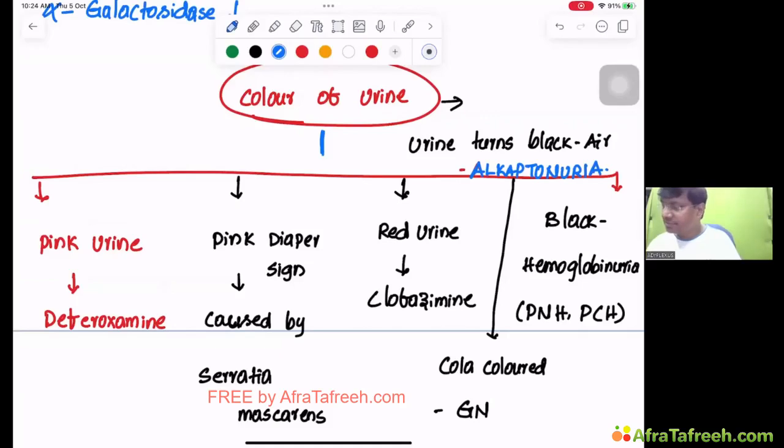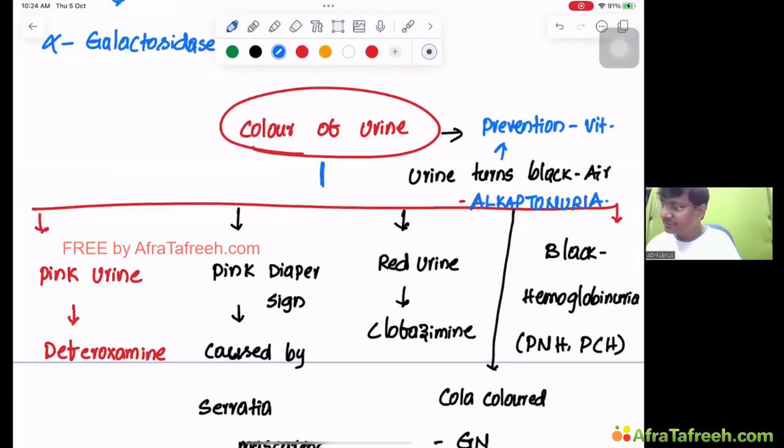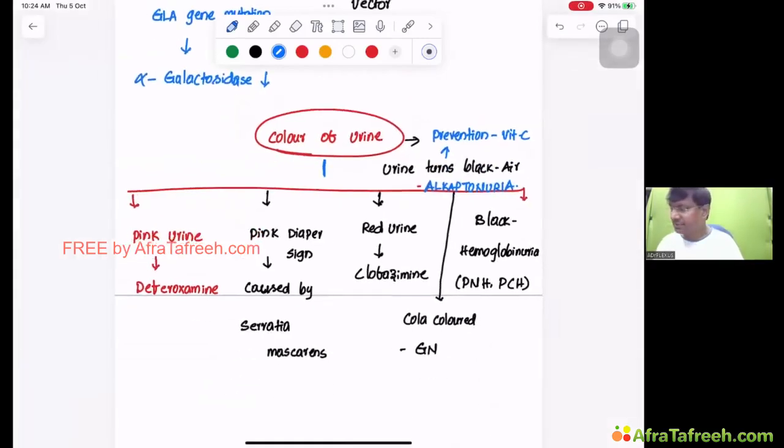And how can this be prevented? The prevention of turning black can be done by supplementing vitamin C. So this is about the color of the urine.